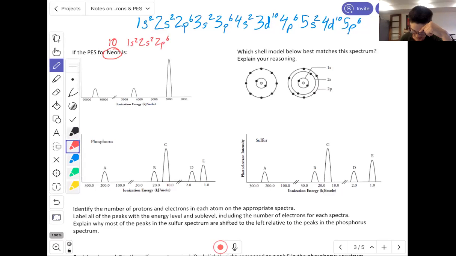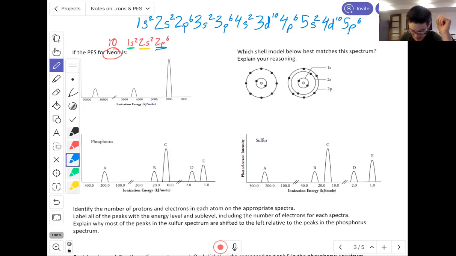You should recognize that I've got 1, 2, 3 portions of my electron configuration, and I have 3 peaks. You're always going to have the same number of peaks as you have energy level sublevel combinations in your electron configuration.